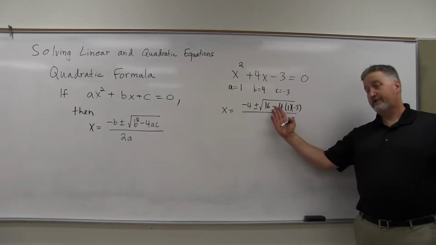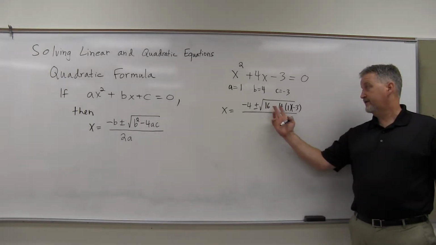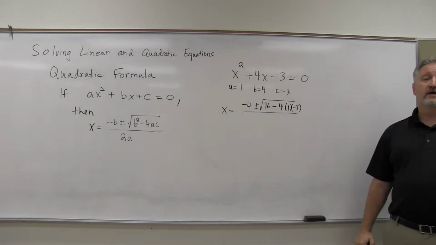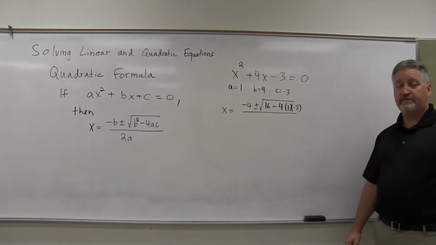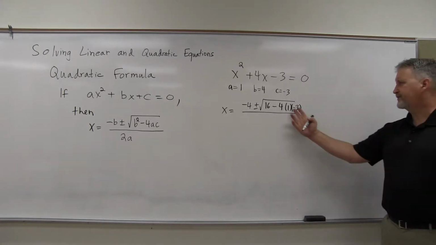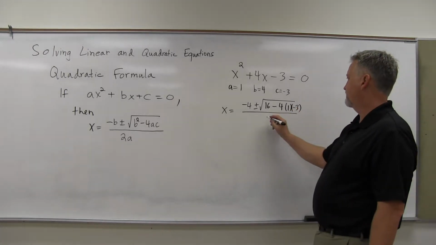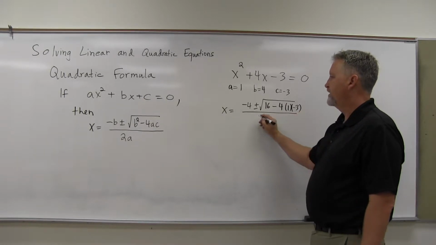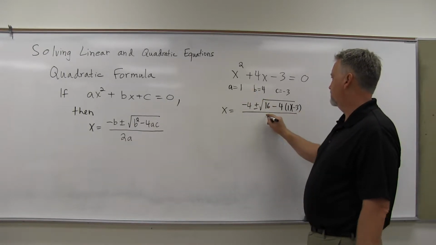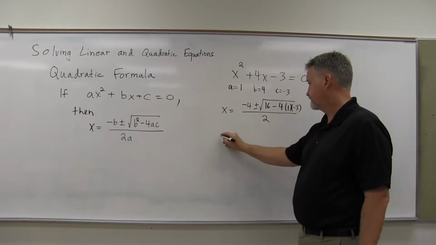Sometimes you might subtract, and other times you might add. So I like to write those out just to see the signs. So it's 4 times 1 times negative 3 is what 4ac is. And then 2 times a, 2 times the 1, so that's just going to be 2.